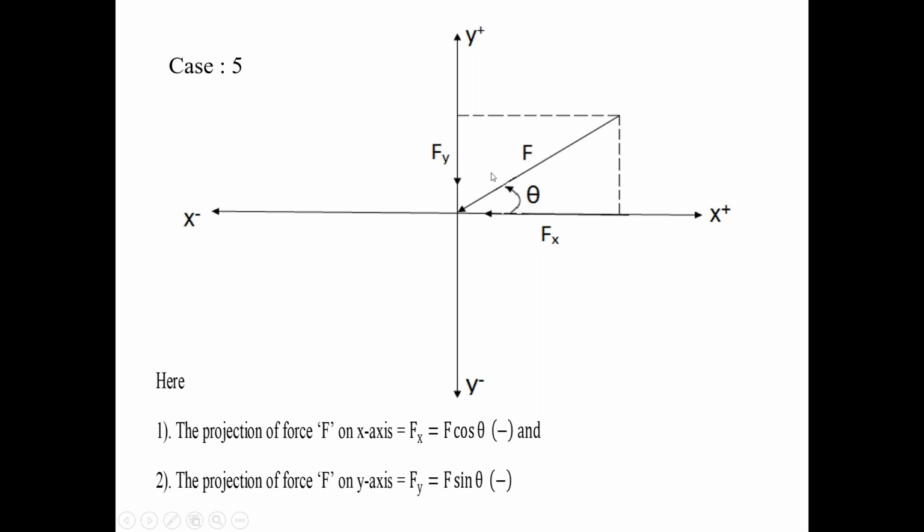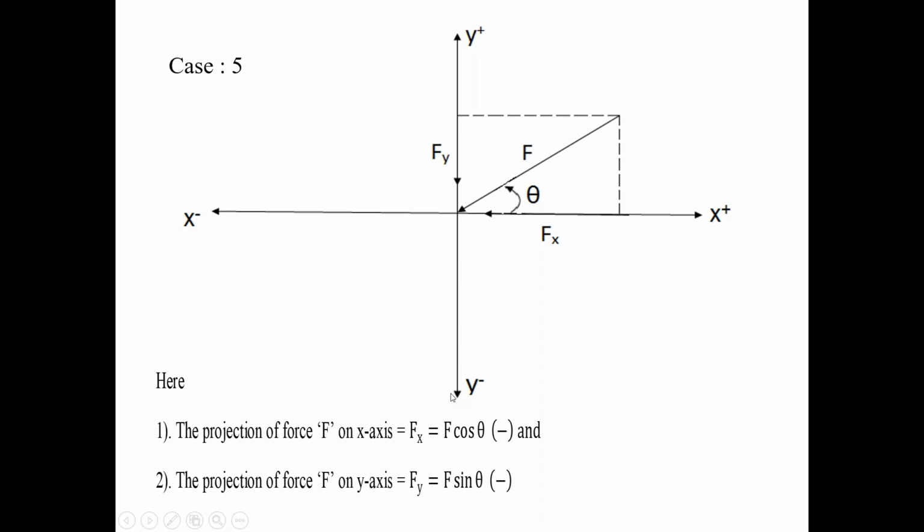Similarly, put the pen nib in the direction of force F. Bring that pen onto the y-axis. In this condition, the pen nib on the y-axis is in the downward direction. That downward indicates the direction is towards the negative y-axis. So the Fy projection direction is towards the negative y-axis.